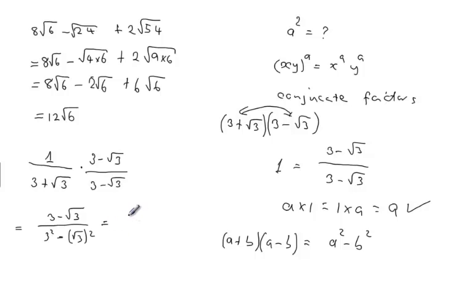Then 3 minus square root of 3 over 9 minus 3. What will come out there is a rational number. Now we can even write it as a half minus square root of 3 over 6.